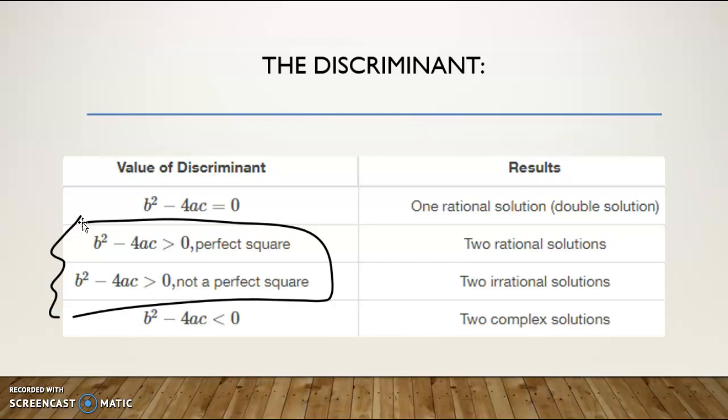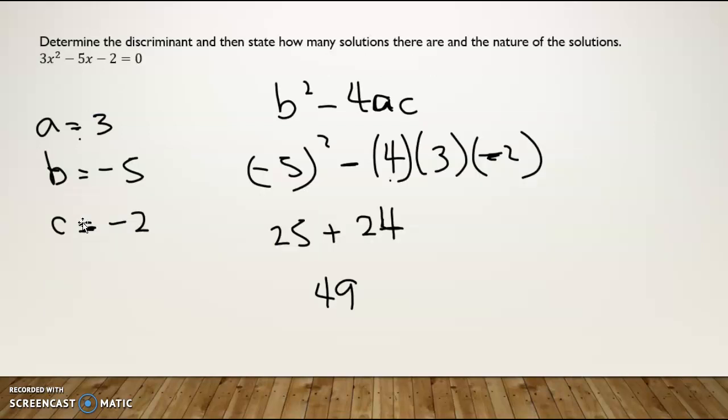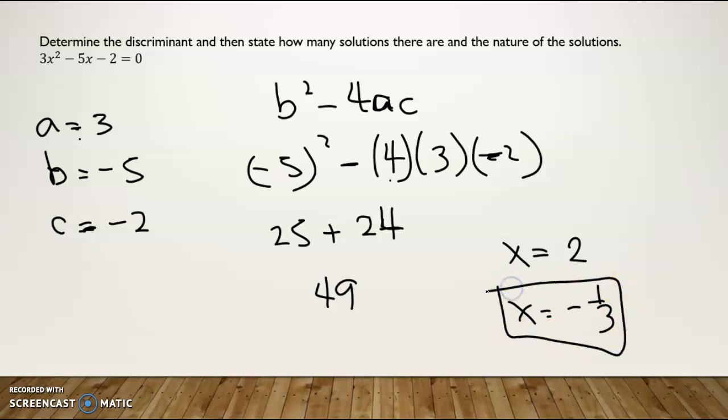So we should have two rational solutions for this one. Now, when you solve for this, what you would get for your answers would be x is equal to 2 and x is equal to negative 1/3. Now, the difference between rational and irrational. Rational, you can write it as a fraction like right here. Irrational, you cannot write it as a simple fraction.